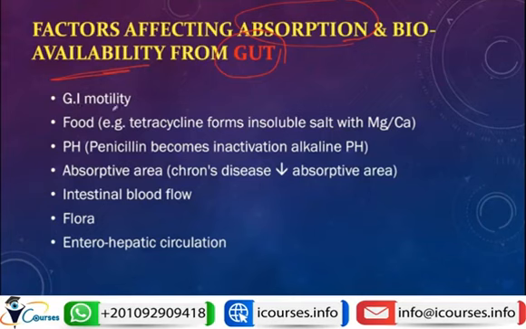If there is excessive GIT motility, this will decrease the absorption of the drug, as there will be diarrhea. Food also has an important role, because sometimes tetracycline can form insoluble salts with magnesium and calcium, limiting its absorption and its bioavailability.